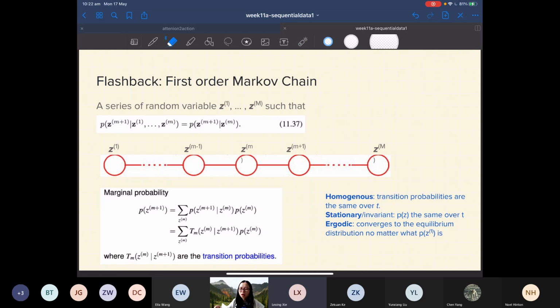The chain is called homogeneous when the transition probabilities remain the same over time. No matter which time slice it is, it is equally likely that I'm going to the classroom, given that I'm at a cafe, and vice versa.